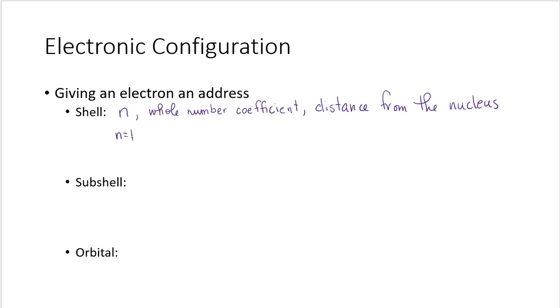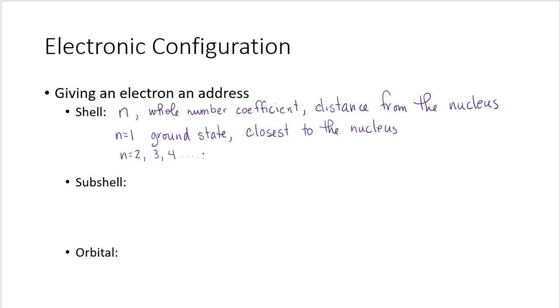When n equals 1, that is the ground state, closest to the nucleus.